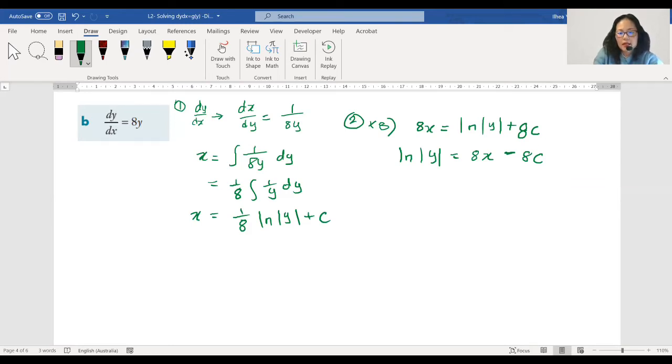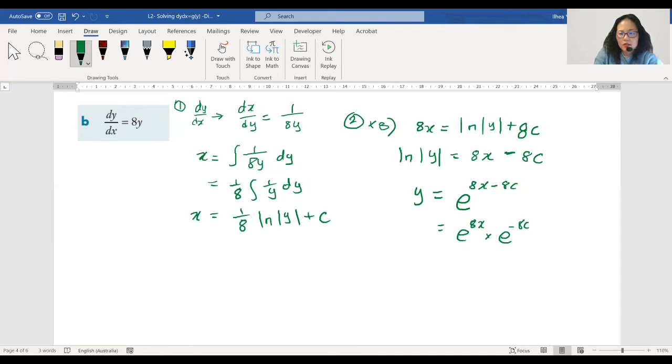So in here now, I want to get rid of ln. So I'm making it to e. So take e to the power of both sides there. So I'm going to go y equals e to the power of the whole thing, 8x minus 8c. Now we can simplify a little bit further from here by using the index law.